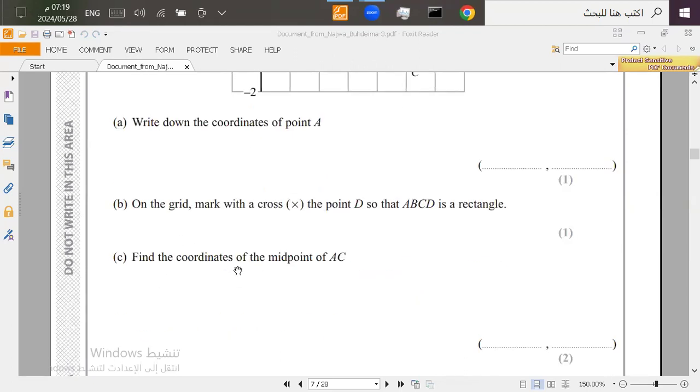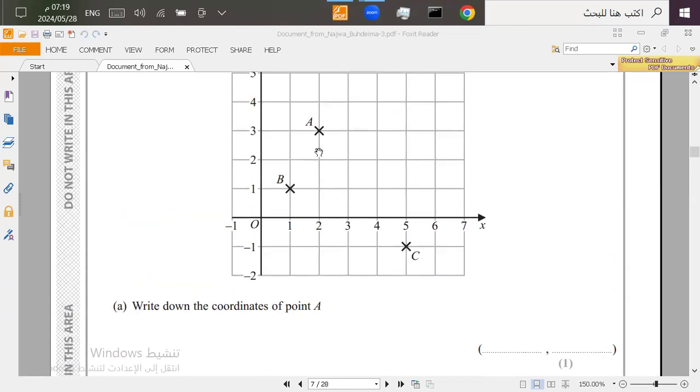Find the coordinates of the midpoint of AC. So this is A and this is C. They need the midpoint of AC. Now, after connecting the points with a line like this, find the midpoint. You can find it that way by saying this is the middle of the line, or you can use the coordinates.